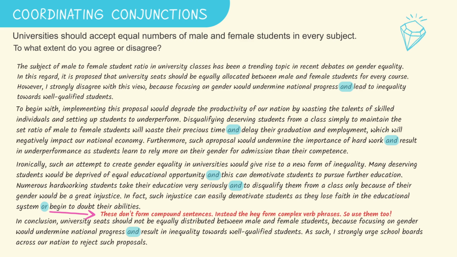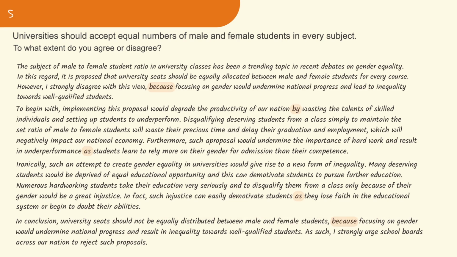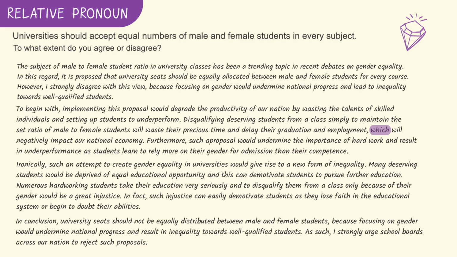I've made a lot of compound sentences here in this essay. And these are subordinating conjunctions that make complex sentences, all right? These are subordinating conjunctions I've used in my essay. So writing compound and complex sentences would definitely improve your overall band score, right? And this is my only relative pronoun that I've used in this essay, which, right?